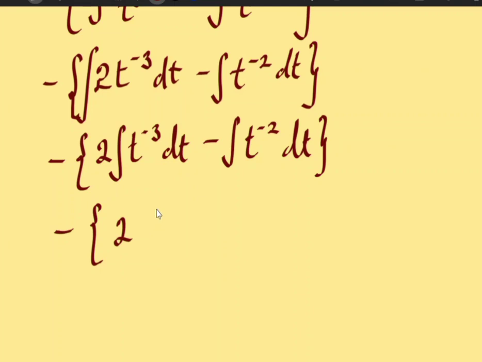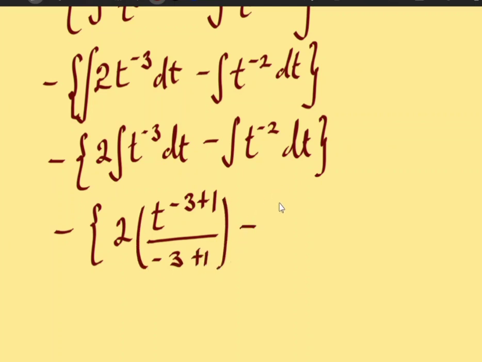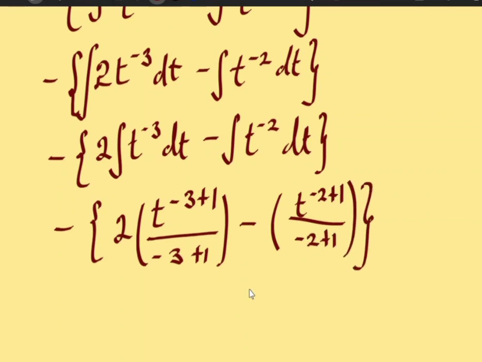If we integrate t raised to the power minus 3, it's going to be t raised to the power minus 3 plus 1, over minus 3 plus 1, increasing the power by 1 and using the result as the denominator. The same applies here: t raised to the power minus 2 plus 1 over minus 2 plus 1. Don't forget, the whole thing is expressed in brackets.